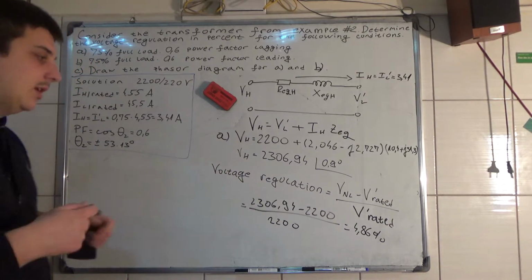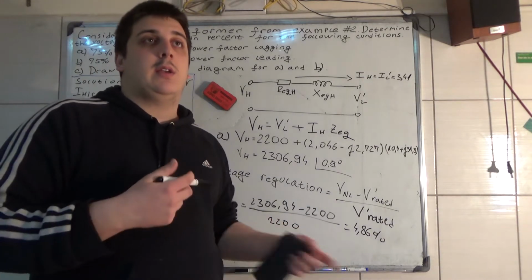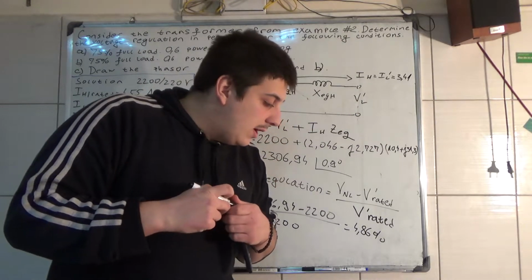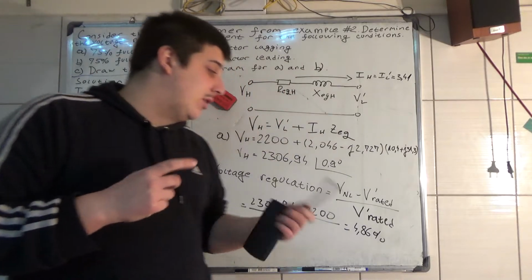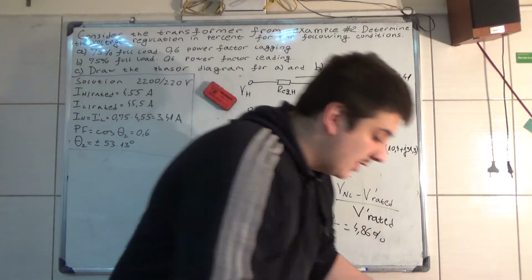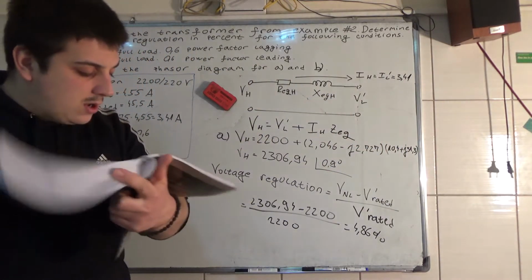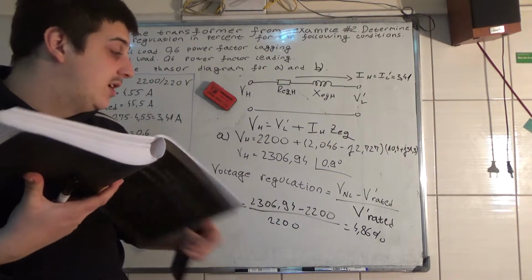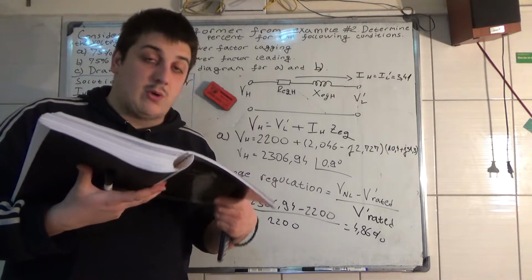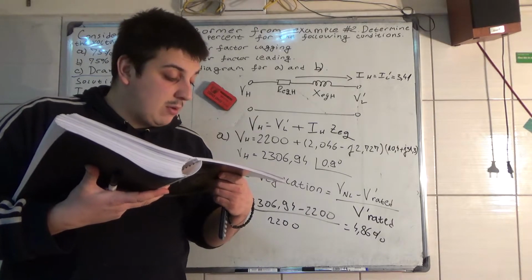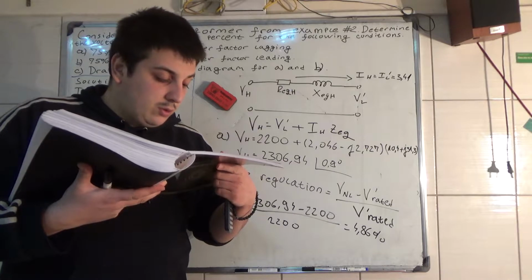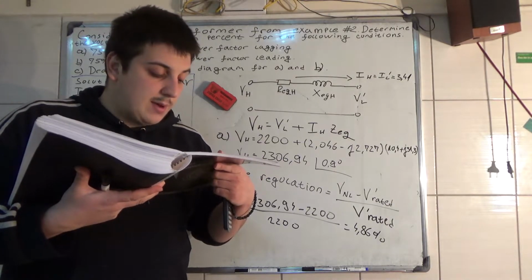Now, what is this saying to us? The meaning of 4.86% voltage regulation is that if the load is thrown off, the load terminal voltage will rise from 220 to 230.69 volts.